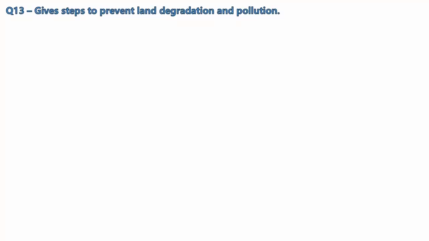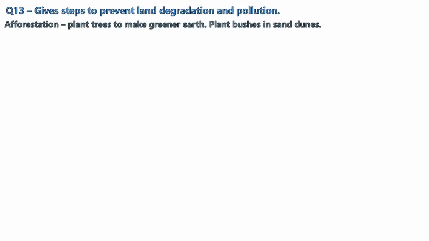Give steps to prevent land degradation and pollution. If there is land degradation and pollution, how do we minimize it? How do we stop it? Afforestation. Instead of deforestation, do afforestation, which is the opposite of deforestation. Instead of cutting down plants, plant trees to make a greener earth. Plant bushes in sand dunes, so that will make the desert greener. Proper management of grazing and mining: whenever you do grazing in the grasslands or mining for materials, keep it as much as necessary.